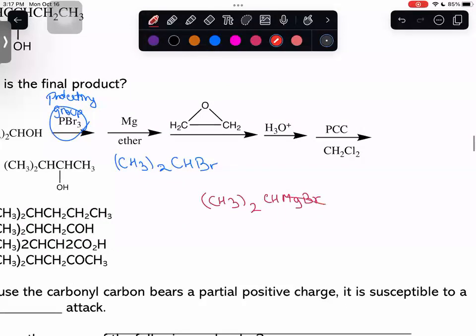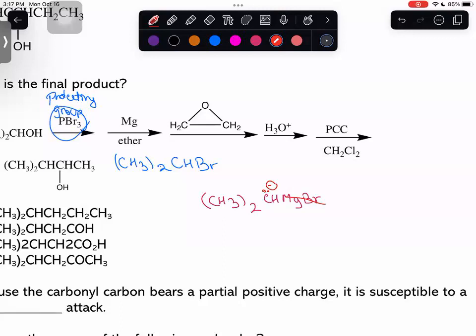Now, at this point, we know that magnesium and bromine go away. We're left with the actual active Grignard reagent, and we have an epoxide. What's going to happen? Exactly. It's the same thing that we saw before. Base cleavage. Is it going to matter which carbon I attack?